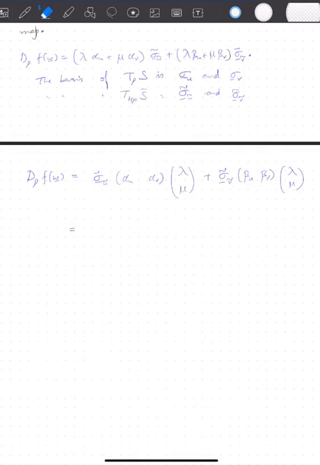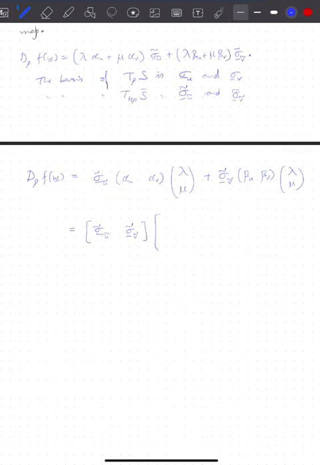And so what we can rewrite this as is in this fashion, that is a matrix and they are column vectors.